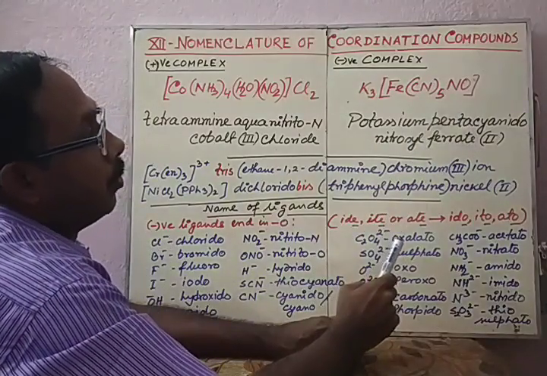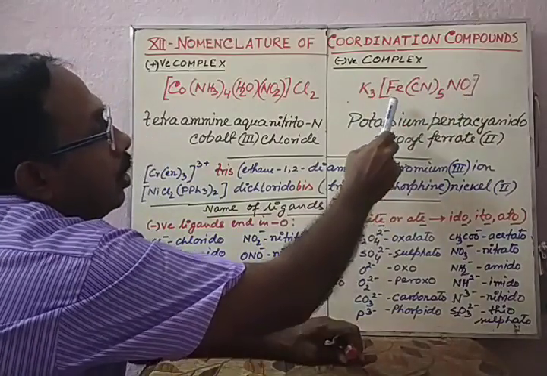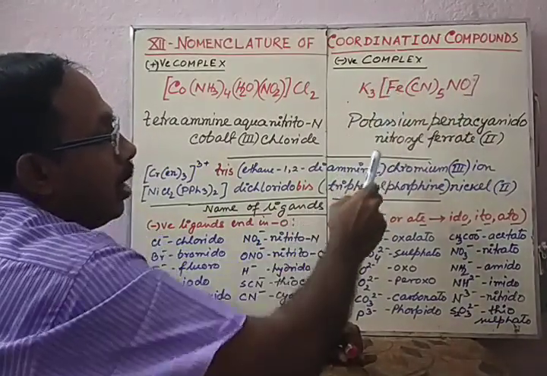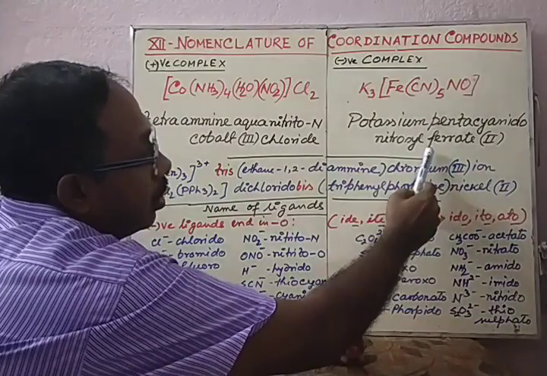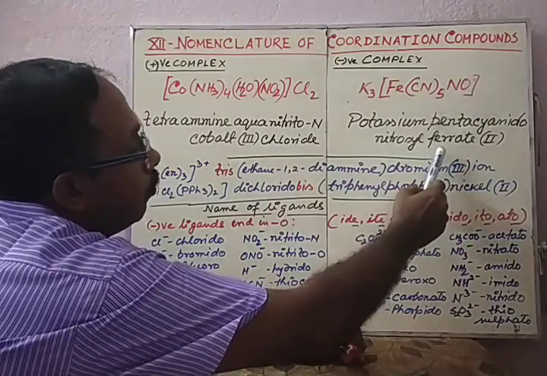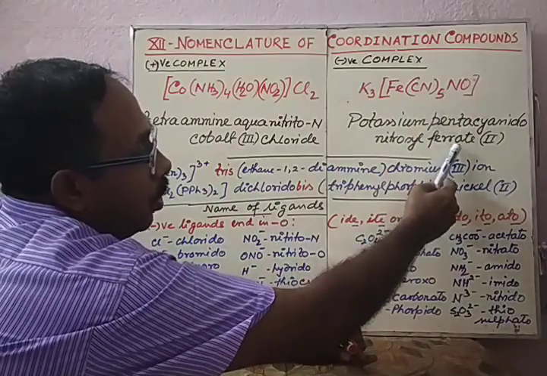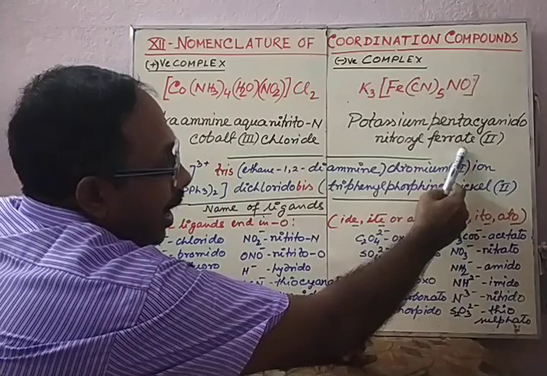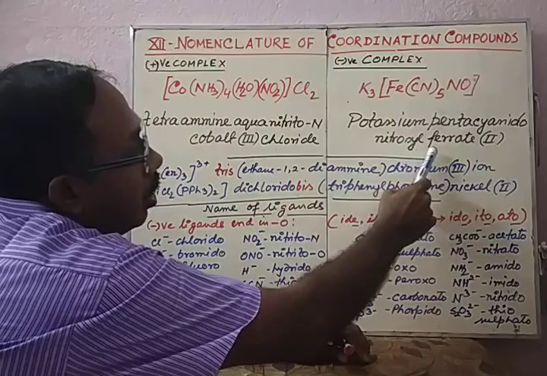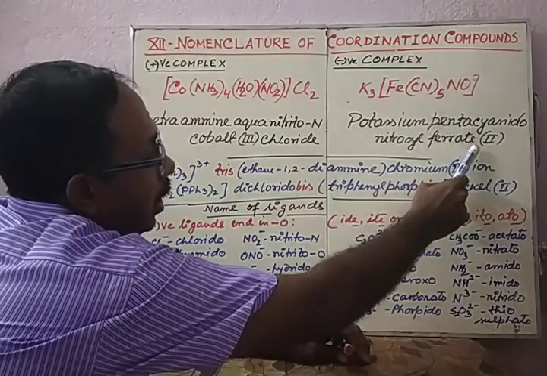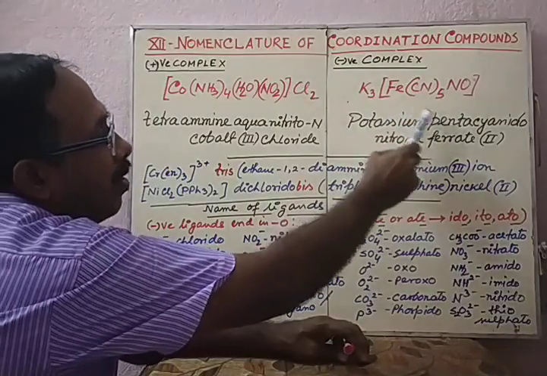Because when the complex is negative, the name of the central metal ion ends with ate, from the Latin name ferrum. In that we add the word ate, so the metal ion is ferrate, and in parenthesis the oxidation number of iron is 2.